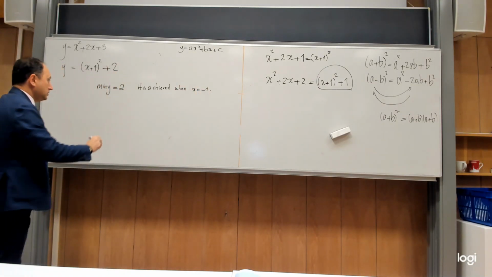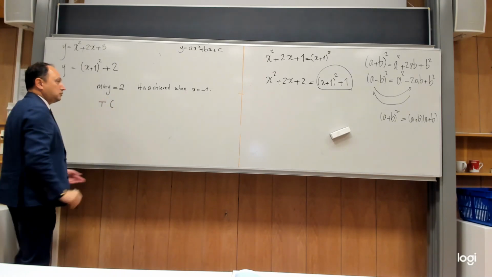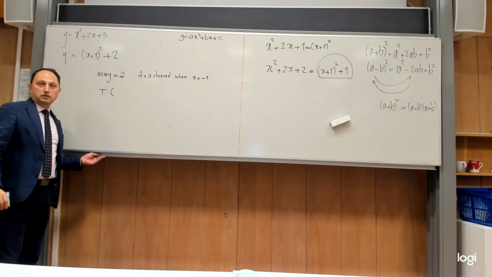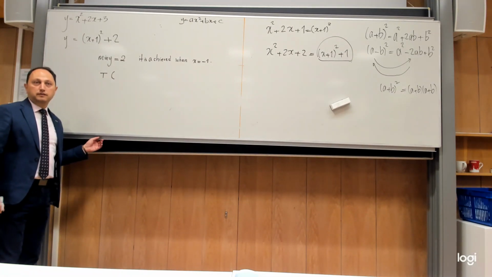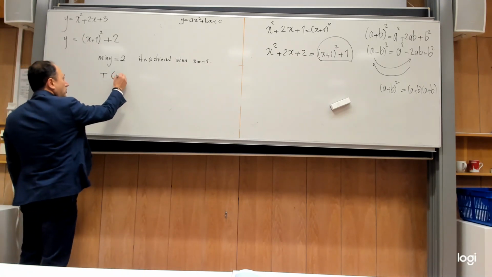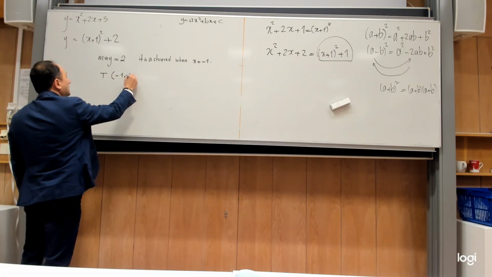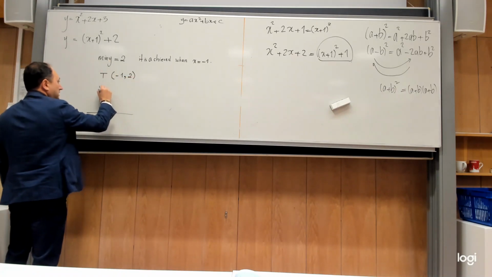Now I am asking you, can you give me the coordinates of the turning point? Yes, Abdullah? -1 and 2. So the turning point has coordinates -1 and 2. If this is the minimum, this will go here.